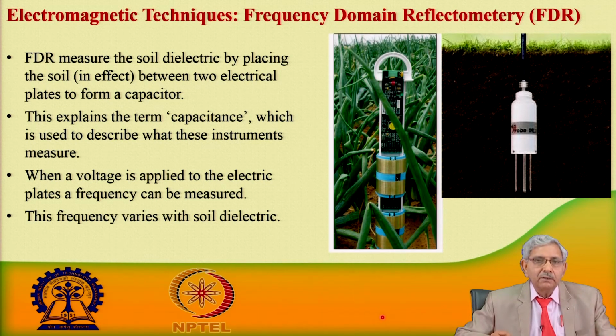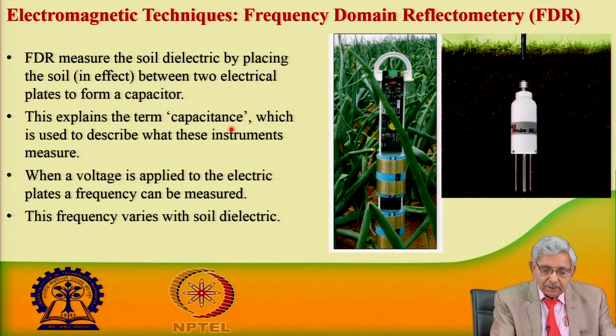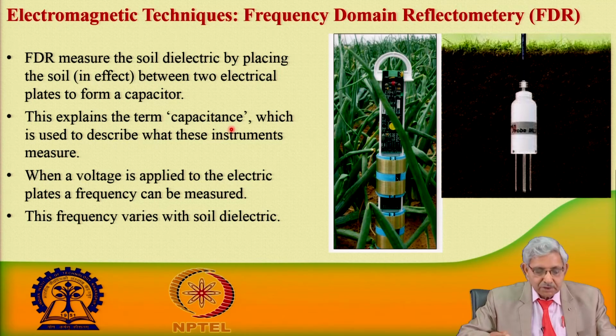Then frequency domain reflectometry is another device working on more or less the same principle as TDR, only here the frequency is high and pulses are transmitted. FDR measures the soil dielectric by placing the soil between two electrical plates to form a capacitor, which explains the term capacitance, used to describe what these instruments measure.